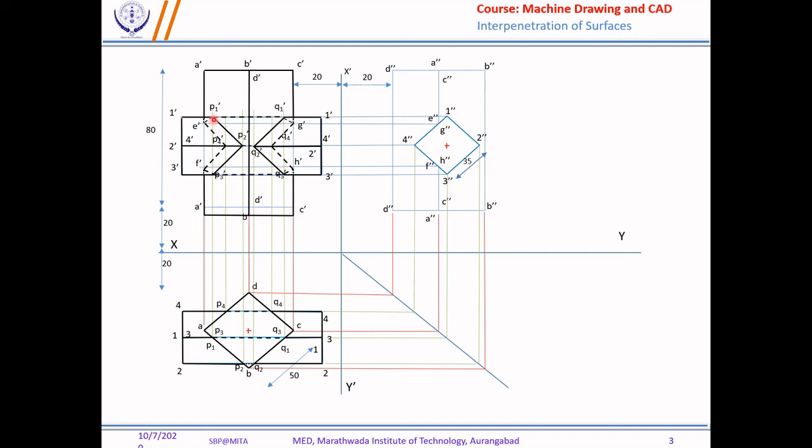Then connect P1 dash with E dash, E dash with P4 dash, P4 dash with F dash with dotted lines. Q1 dash to G dash, G dash to Q4 dash, Q4 dash to H dash, H dash to Q3 dash with dotted lines. Similarly, connect P1 dash to Q1 dash with a dotted line, and P3 dash with Q3 dash with dotted lines, because these are hidden edges in the front view.